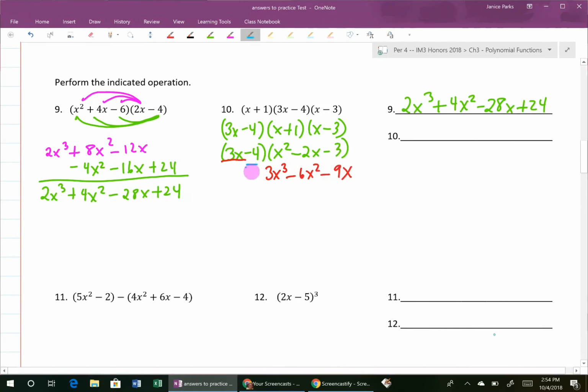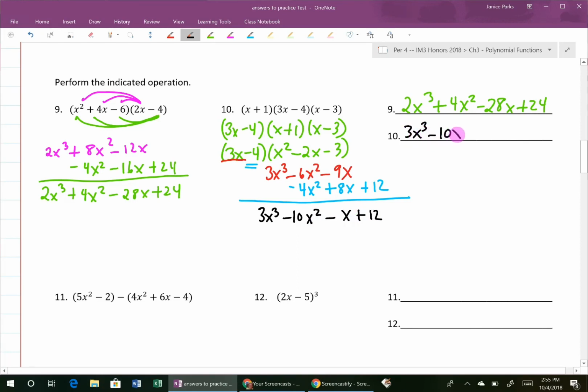And then if I multiply negative 4 times all of this, I would get negative 4x squared plus 8x and then plus 12. If I add those together, 3x to the third minus 10x squared minus x plus 12. Again, don't put minus 1x there. 3x to the third minus 10x squared minus x plus 12.